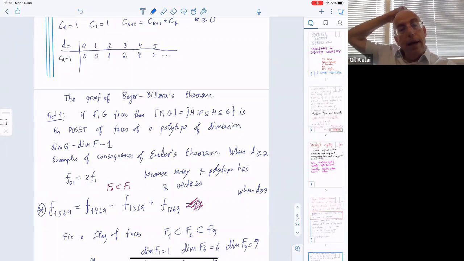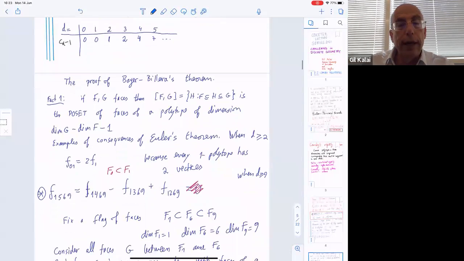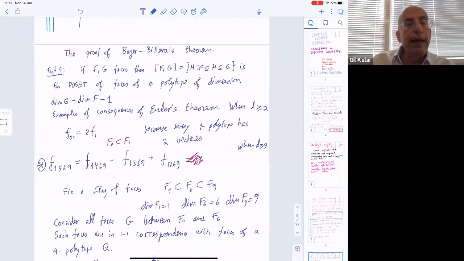And here are some consequences of the Euler relation. For example, here is a very simple consequence. F_{01}, so this is the number of chains, vertex inside an edge, is twice F_1. This is because every one-dimensional polytope has 2 vertices. If you think about it, you see that the fact that every one-dimensional polytope has 2 vertices is also a special case of the Euler-Poincaré theorem.